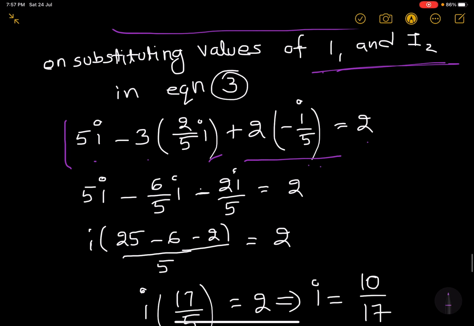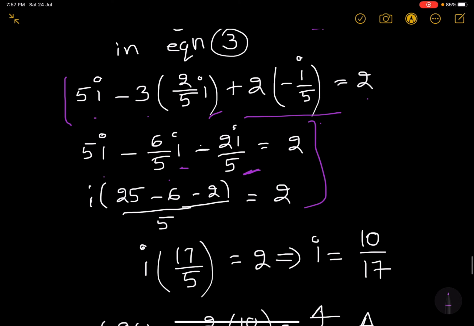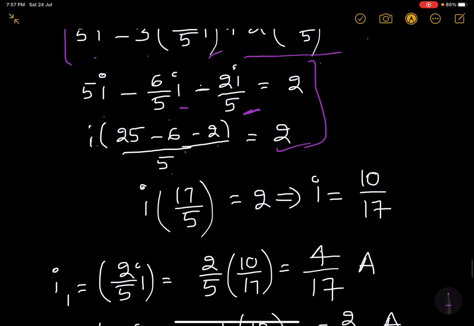Simple calculation: 5I minus 6 by 5 I minus 2I by 5 equal to 2. Taking I common, 25 minus 6 minus 2 by 5 is equal to 2. So I equals 10 by 17.